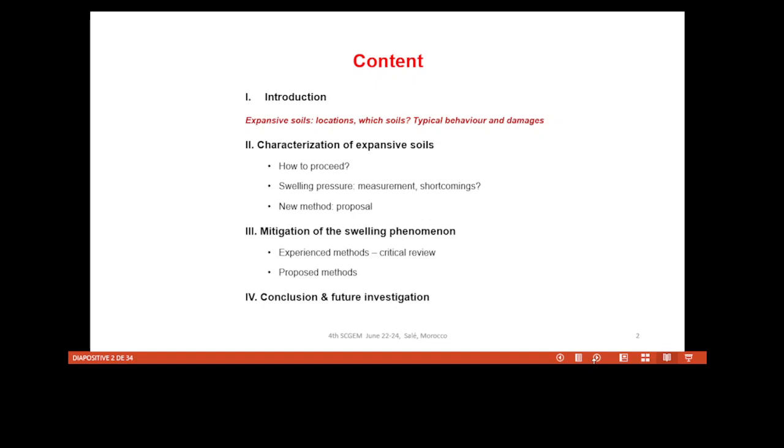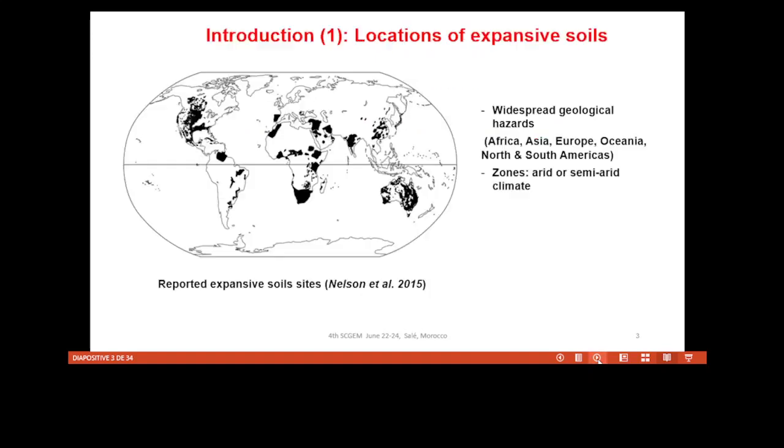Then we will present a new method to characterize expansive soils. In the third section, we will talk about the mitigation of the swelling phenomena, experience and method, do some critical review, and the proposed method, and finally conclusion and future investigations.